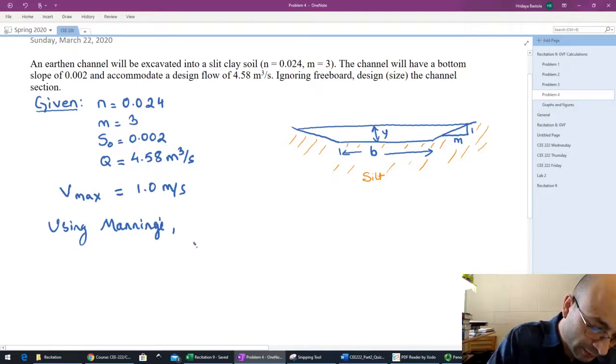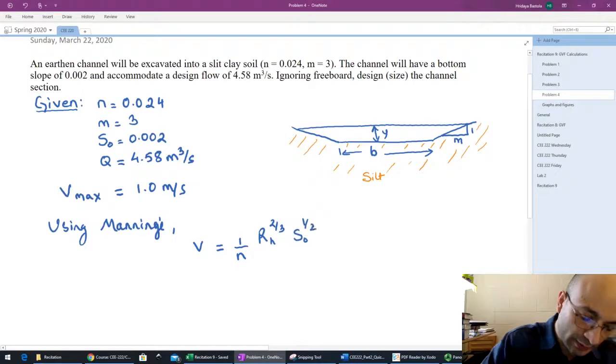let's use the velocity form of Manning's equation. V equals 1 over n times hydraulic radius to the power 2 over 3 times square root of the channel bed slope. So here we now know the velocity, which is going to be our velocity max. That's the threshold.